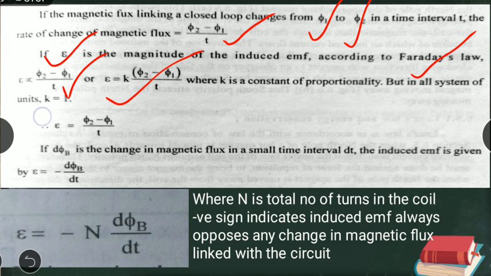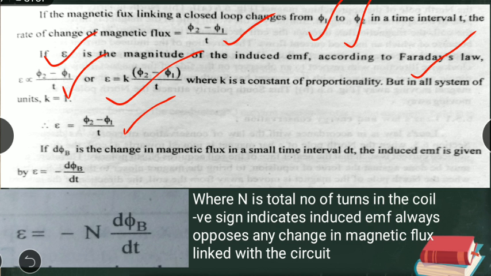If we substitute K equal to 1, how can I write the expression? E is equal to Φ2 minus Φ1 divided by t.